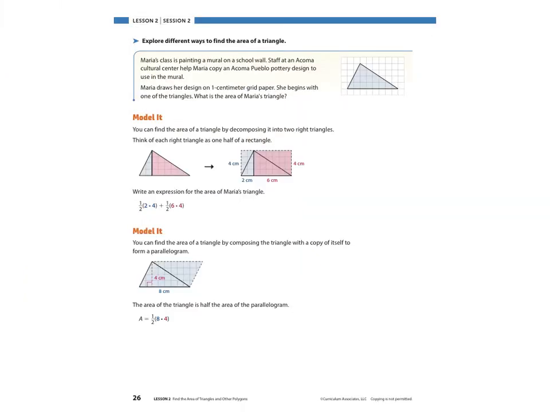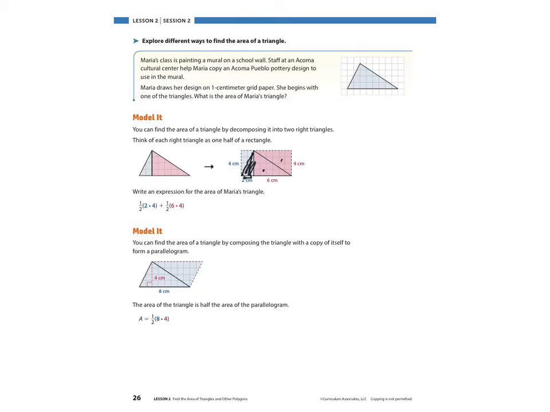Just to look at some problems on the next page. So on page 26, they talk you through what it means, and you can see how they decompose and recompose. Decompose, remember, they took off this section, duplicated it, and moved it over here to show you that it's the same. The same for these 2 triangles.